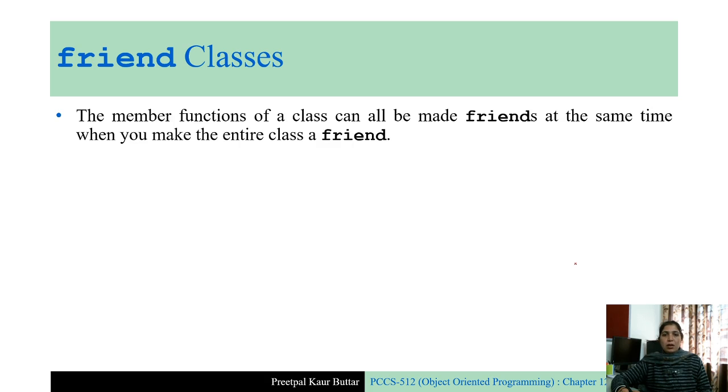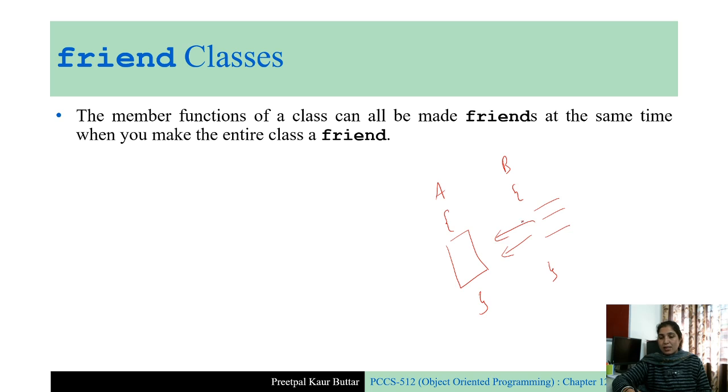Then we have friend classes. If you want to make all the functions of a class friends with another class, say this is class A and this is class B. If you want all the functions inside B to access the data inside A, can they normally access it?